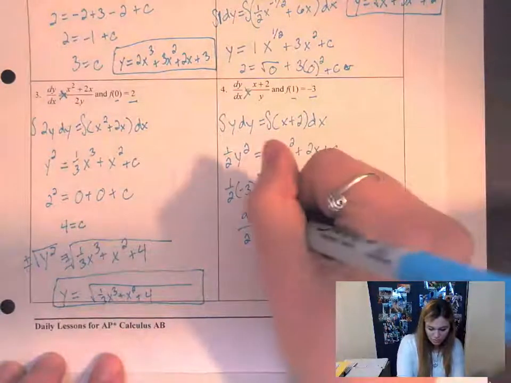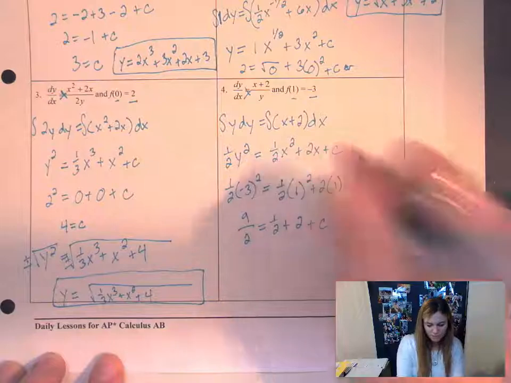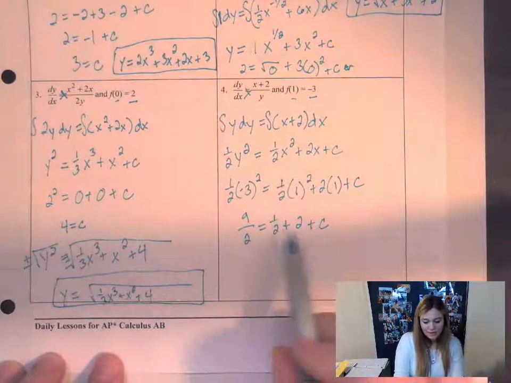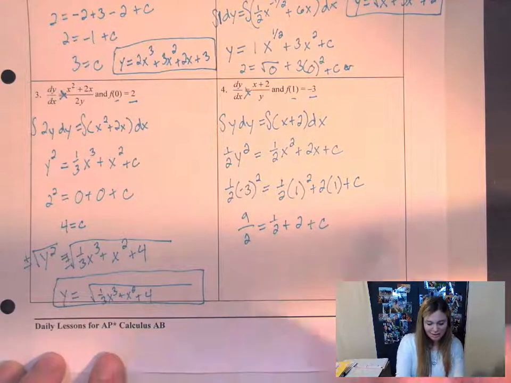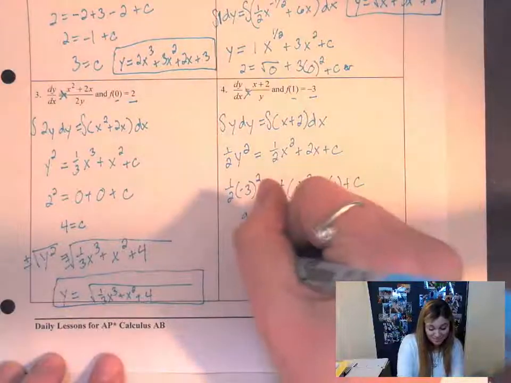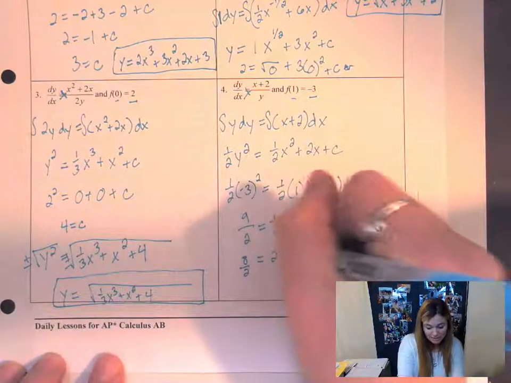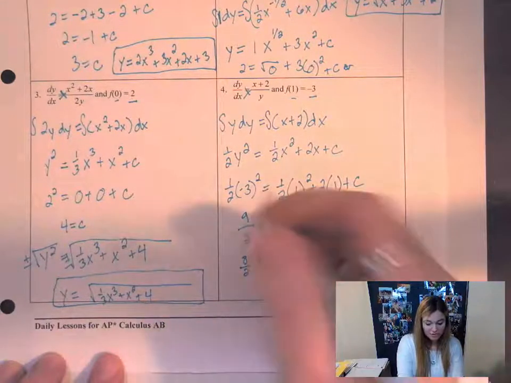This is 1/2 plus 2. I could put these together and then do something with this, but I'm going to actually subtract 1/2 from both sides. So I'd have 8/2. That's nice. It's equal to 2 plus c. 8/2 is the same thing as 4. 4 minus 2 is 2.